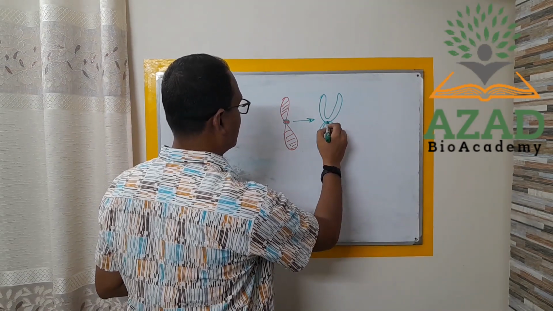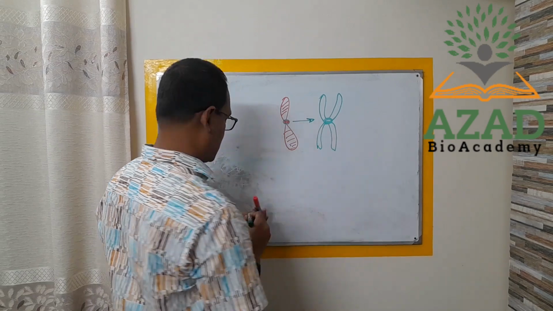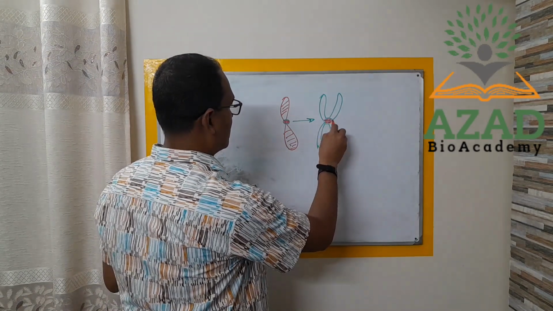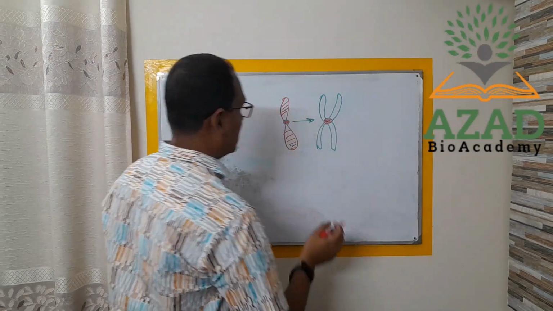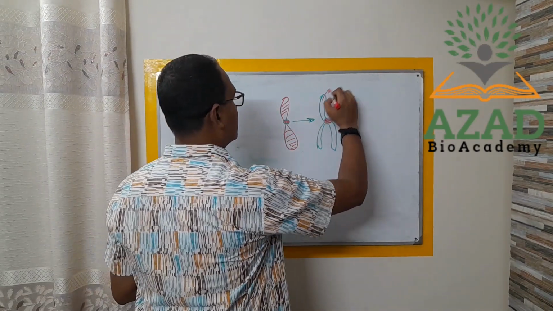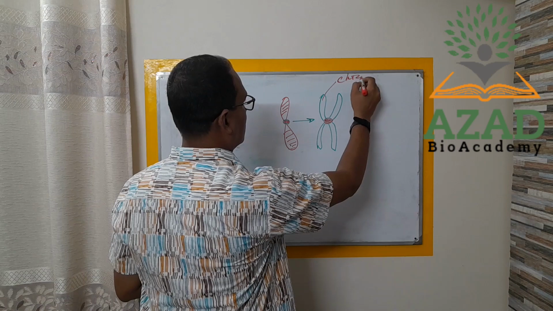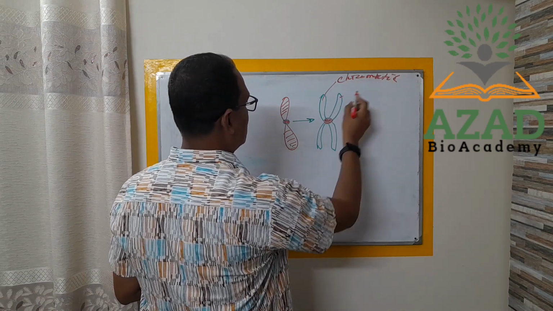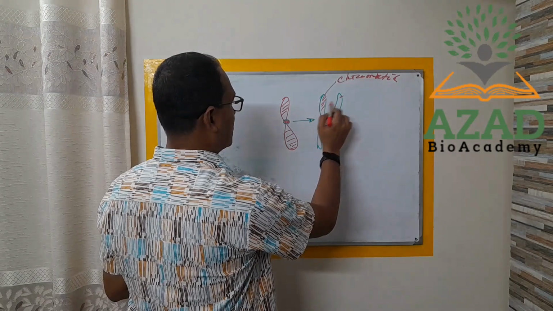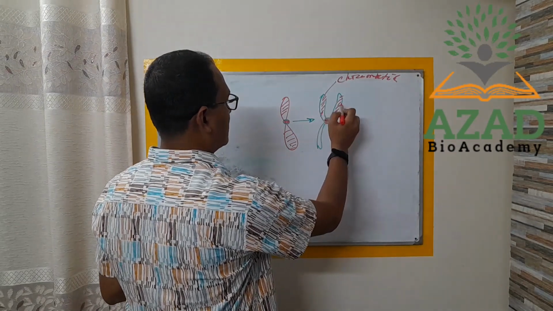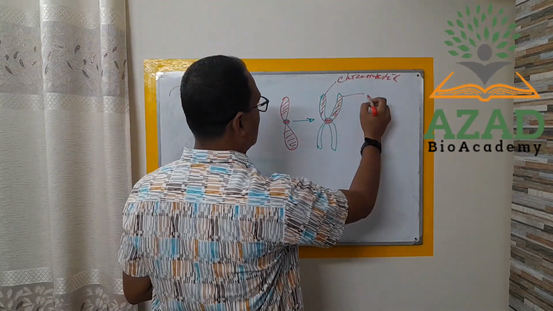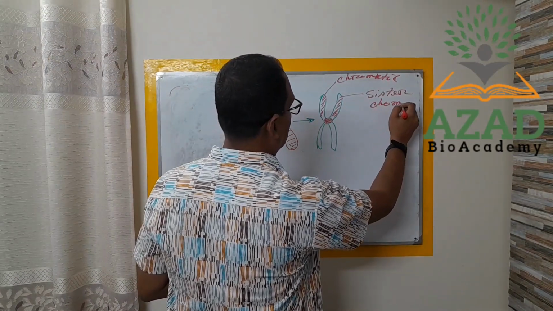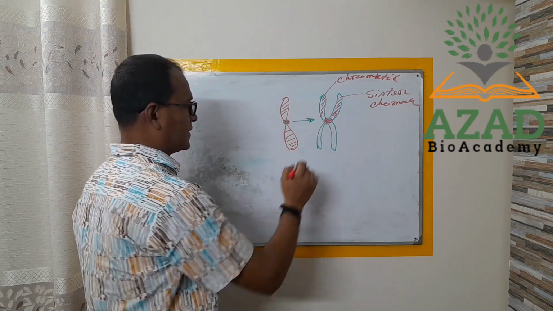Like that, and this is the centromere, and these are the chromatids, this also a chromatid, and these chromatids are 100% identical, so you can say sister chromatids.